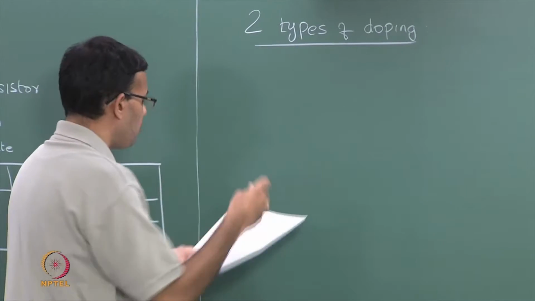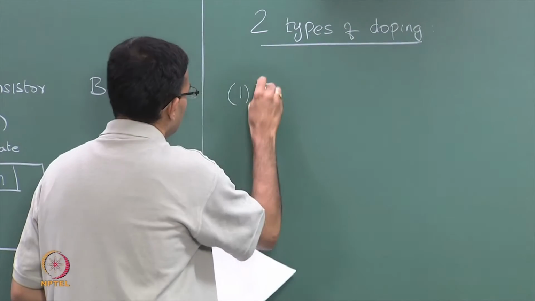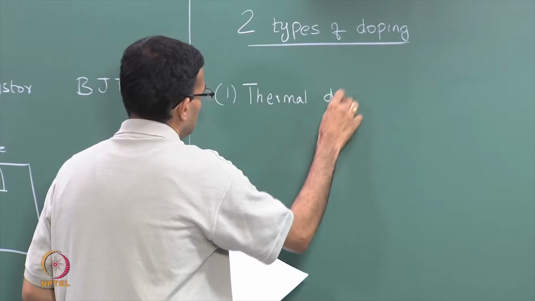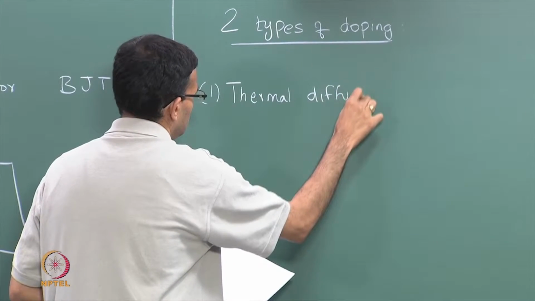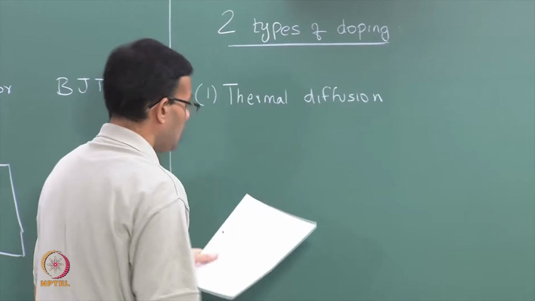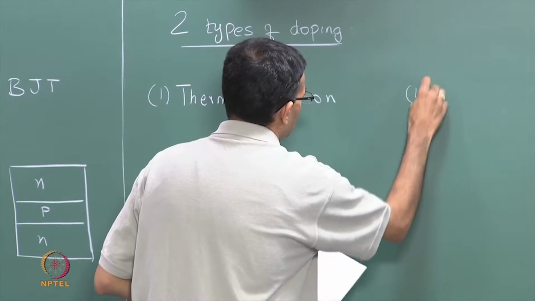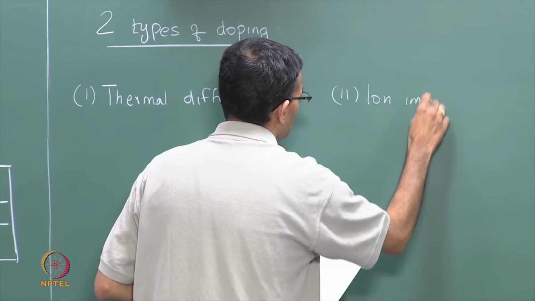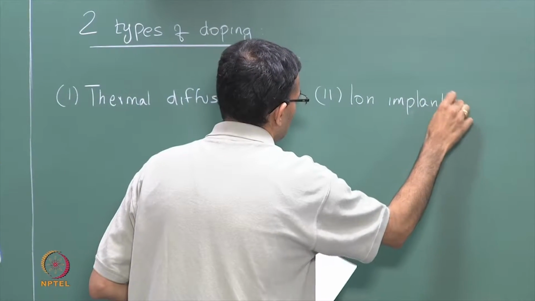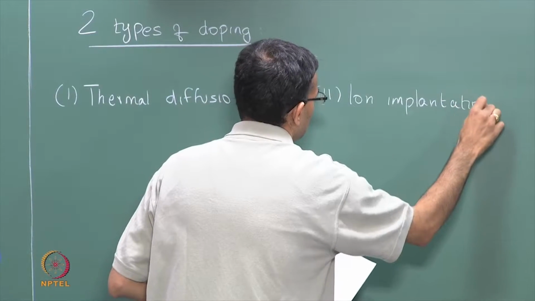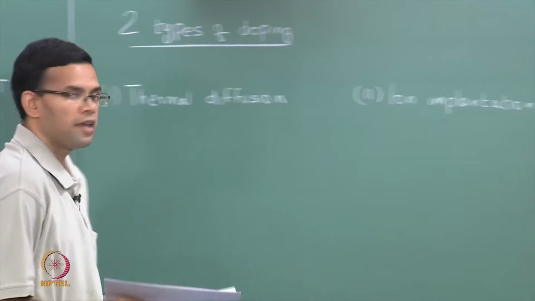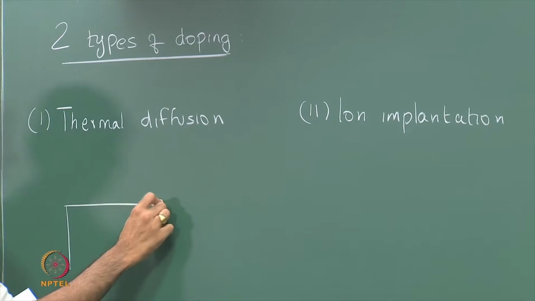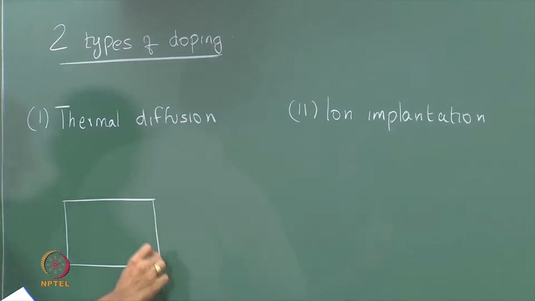The two ways doping is done are thermal diffusion and ion implantation. In the case of thermal diffusion, just to give you an example, we will look at it in detail later.